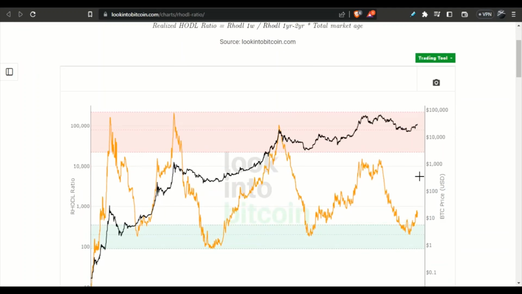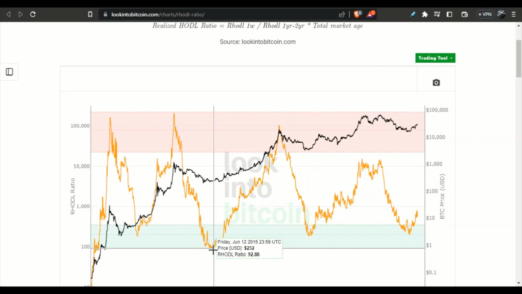So as the recent value goes up here, for example, the newly moved coins 1 week ago, people who bought around this area, are divided by the past 1 to 2 years, which was around this bottom area, and that pushes the RHODL ratio up. So as the price increases, the 1 week value increases in ratio to 1 to 2 years, and it will push the RHODL value ratio up.